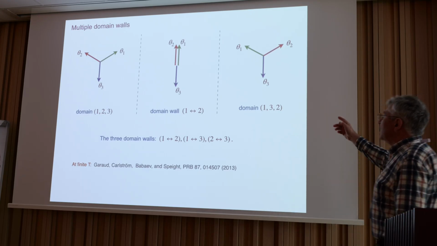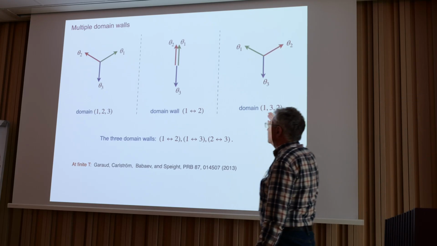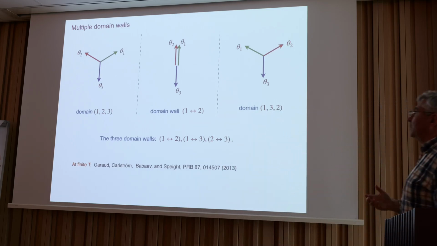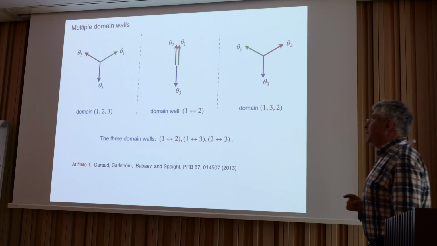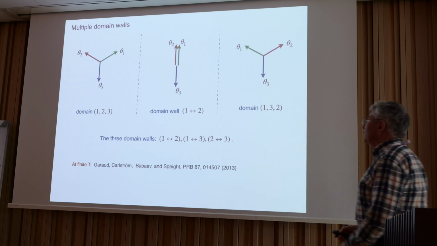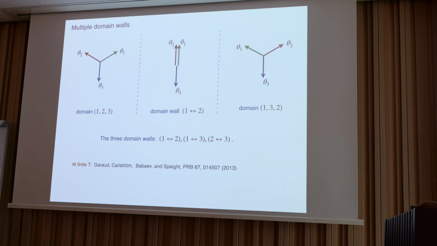But when we go from one domain to another, if our domain wall is thick, meaning that our Josephson coupling is weak enough, we can go 3 different ways. And this is just one of the ways. And if we can go 3 different ways, we have 3 different domain walls. If there is a component symmetry, they are absolutely equivalent to each other.